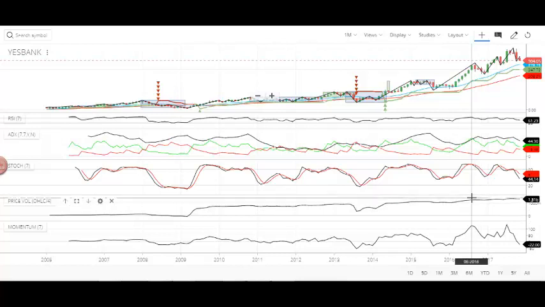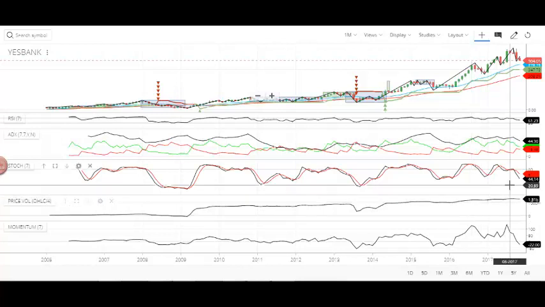But as per my analysis, unless there is a reversal in the stochastics, until that time, I cannot recommend this stock for long-term investment.